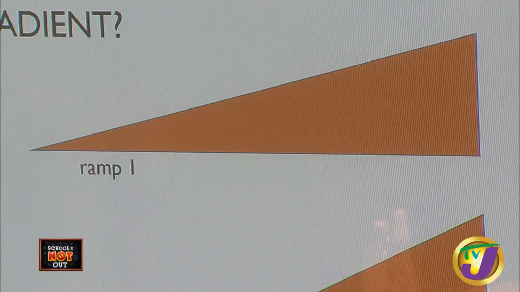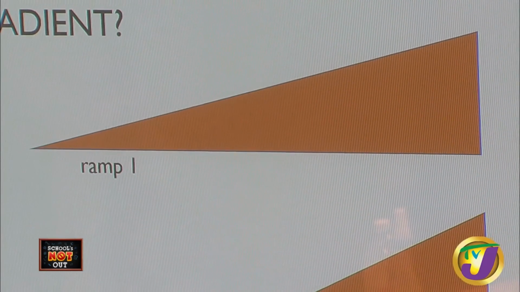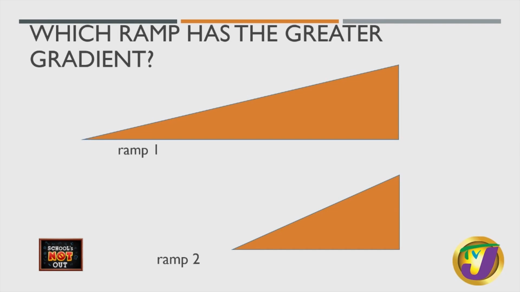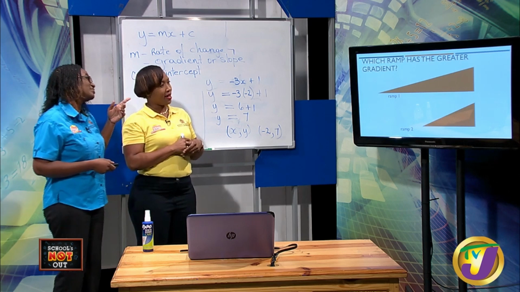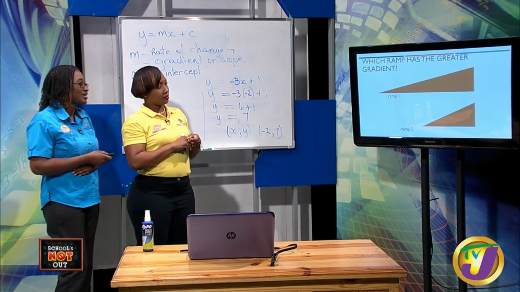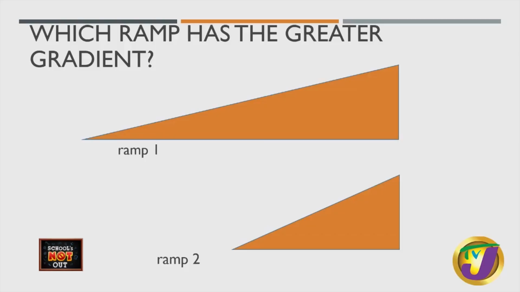And as I look at ramp 2, it's a shorter distance. So I'm seeing here that because we're covering the same height in a shorter distance, we clearly have to go at a steeper slope. That's right. Which of these ramps would you put in your school, Tam? I think I'd go with 1. Yeah, because you don't want to be pushing a wheelchair up a steep slope. They're going to fall. I'd go with ramp 1 as well. I guess we are on point here.